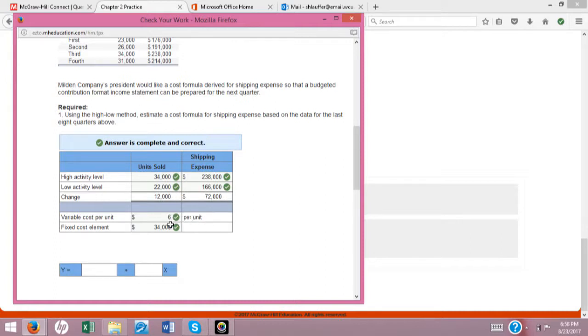So that gave us $6 per unit. And then we calculated how much of the $238,000 is fixed and how much of it is variable, because we know that it's $6 a unit variable, and 34,000 units times $6 a unit gives us $204,000 in variable. So we're taking that variable cost away from that total cost to get our fixed cost element.